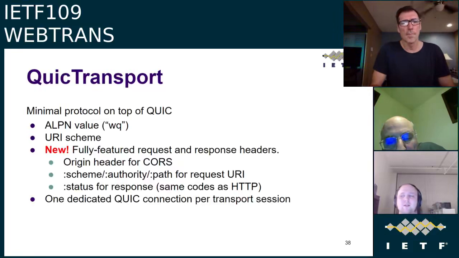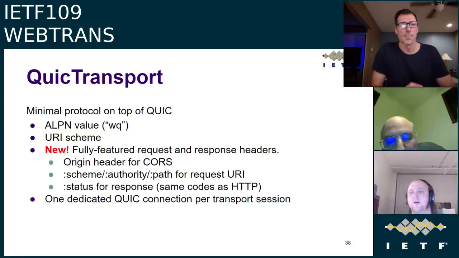It's still easy to parse. It's basically 16-bit length prefixed strings everywhere. And one of the main conceits of QUIC transport is that you get exactly one QUIC connection per instance of your transport. That is suboptimal if you open a lot of WebTransport connections, because you do not get any pooling.